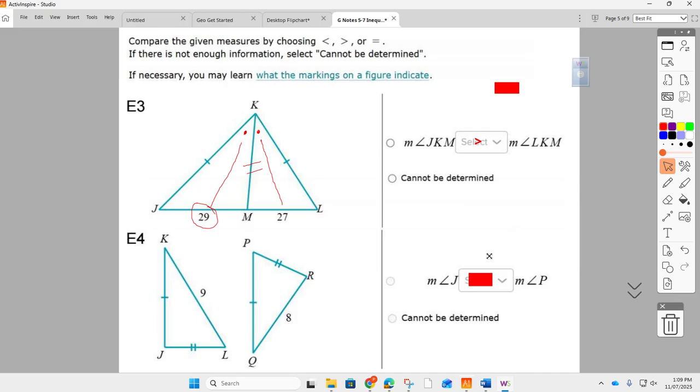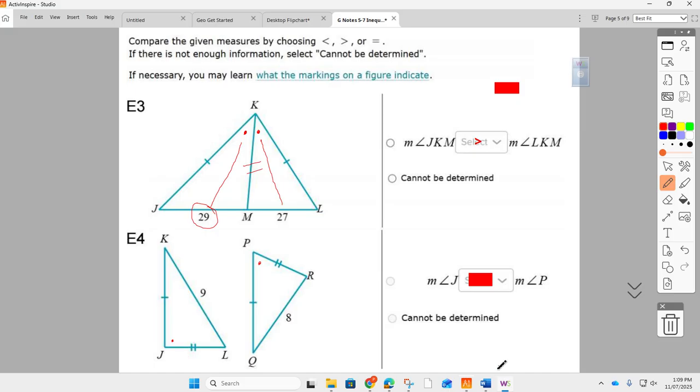Example 4. What do you think, Cam? How does the measure of angle J compare to the measure of angle P? So J is here, P is here, right? So is J less than, greater than, or equal to the measure of angle P? Greater than.